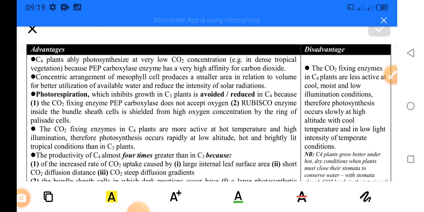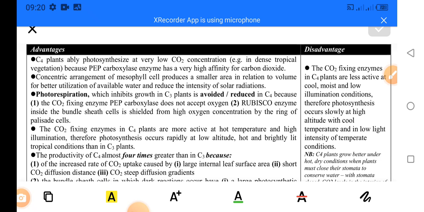This is because these plants have the PEP carboxylase enzyme, which has a very high affinity for carbon dioxide. Then two, these plants have a concentric arrangement of the mesophyll cells, which produces a small area in relation to volume for better utilization of available water and reduces the intensity of solar radiation.